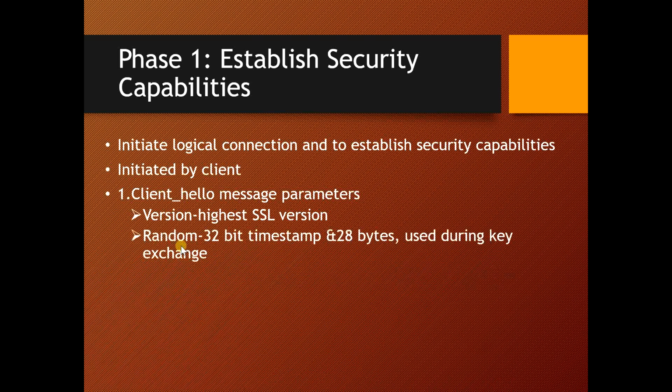Second, we have the random number that will be generated. This is a client-generated random structure, which consists of a 32-bit timestamp and 28 bytes generated by the secure random number generator. These values serve as nonces.